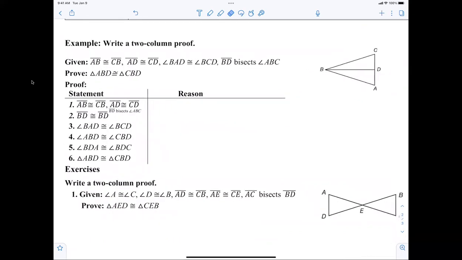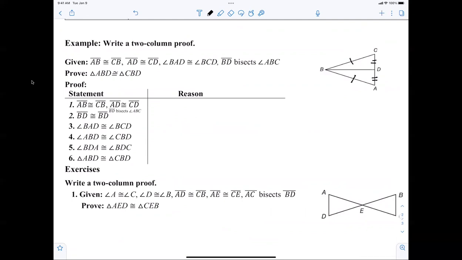So they told me that AB is congruent to CB, correct? So now I come over to my figure and I mark AB congruent to CB. Then I mark AD congruent to CD. Now notice I'm using different tick marks, correct?